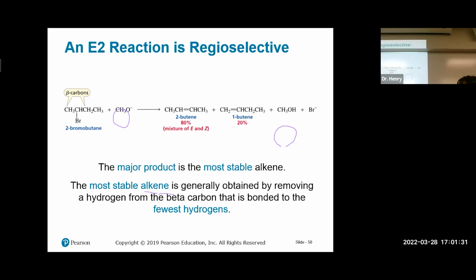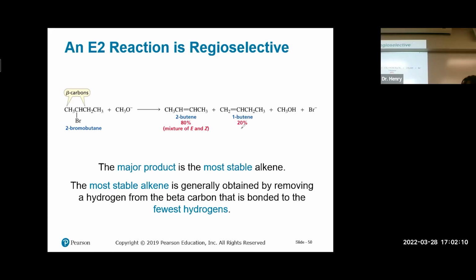Okay, so if we have regioselectivity, or selective, so we have a beta carbon, right? Here's our bromine that's coming off. In this case, this is going to act as our alpha carbon, right? So we're going to be able to pull the hydrogen off of this carbon and off of this carbon.